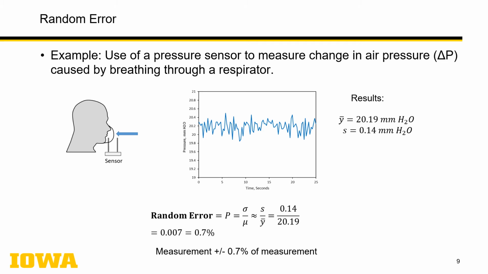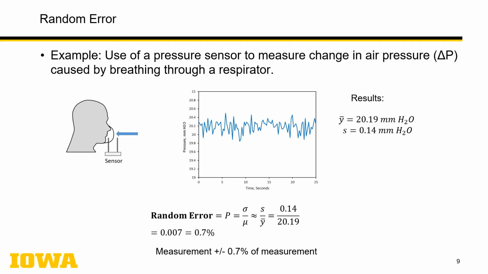So with those measurements, now we can get at the random error, which again is simply the precision, which is the standard deviation divided by the mean, which is 0.14 divided by the 20.19, which gets us to about 0.7% random error. So at any given time, this measurement is plus or minus 0.7% of the truth of the average of that measurement.